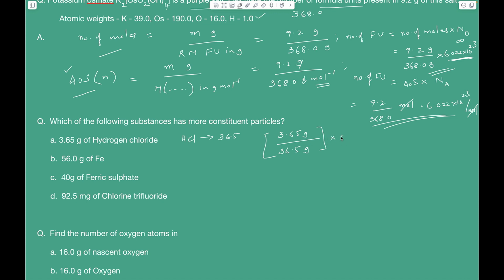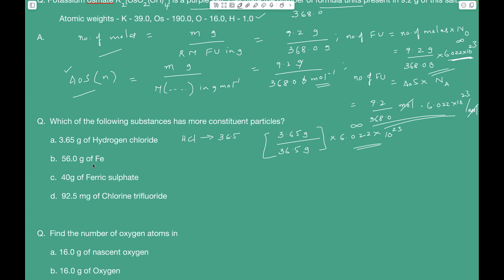Then you have to multiply it with Avogadro's number to get the number of hydrogen chloride molecules, and Avogadro's number is approximately 6.022 into 10 to the power of 23. And for our calculation, assume that this is the exact value of Avogadro's number. That means it has an infinite number of significant figures. And I let you do the simplification.